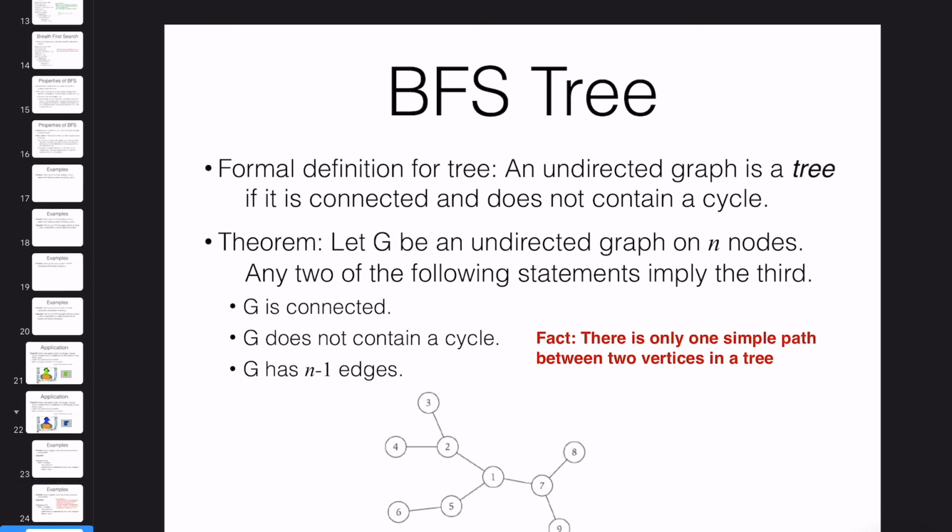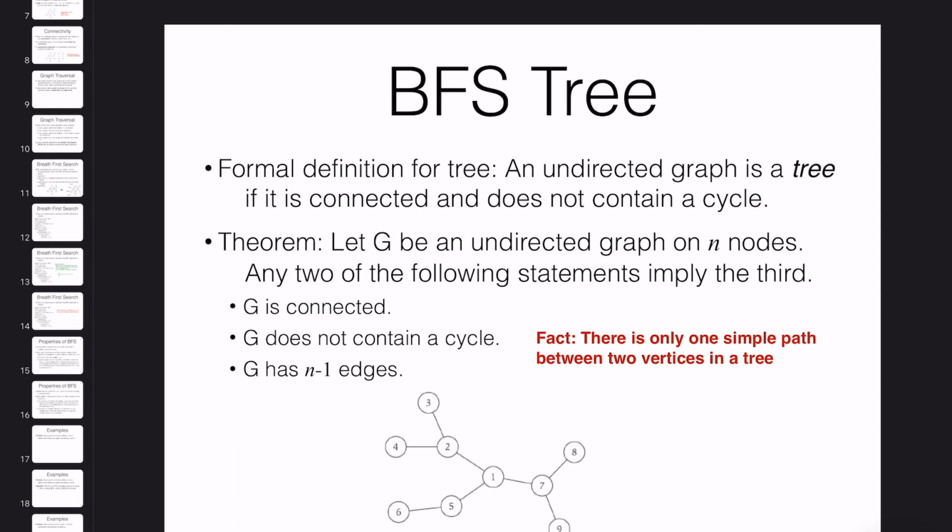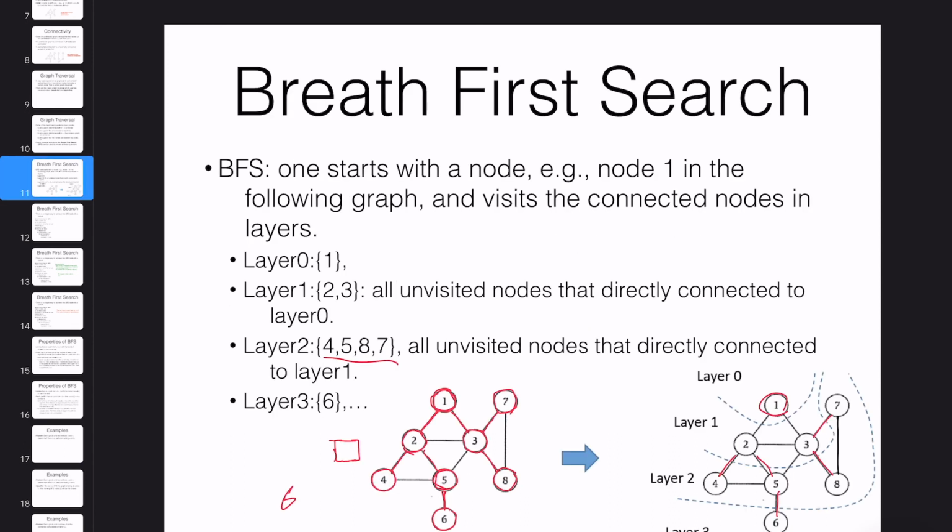If I go back and show you the original example where we ran the BFS, look at the nodes and the edges that I marked: from 1 you visit 2 and 3, from 2 you visit 4 and 5, from 3 you visit 8 and 7, from 5 you visit 6. You will see that I'm not checking all the edges here, only a subset of edges. This is going to give me a tree.